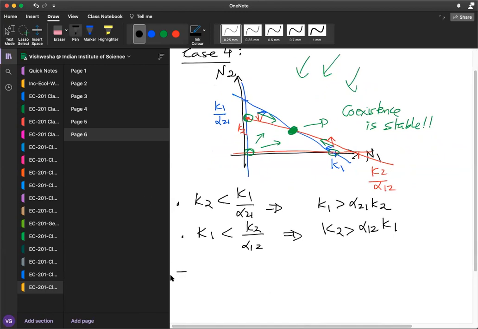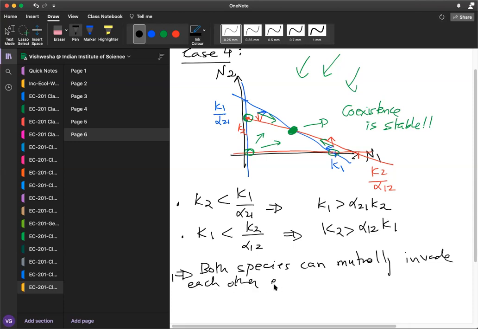What this means is that both species can mutually invade each other even when the other species is abundant.